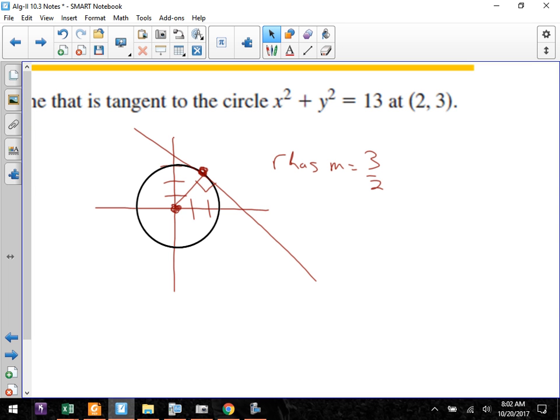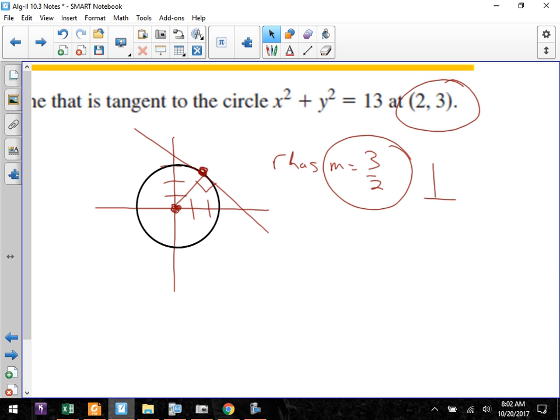Now it goes back to what you remember from Algebra 1: writing the equation of a line that is perpendicular, through a specific point. You now have a slope and a point, and you need to write it perpendicular.